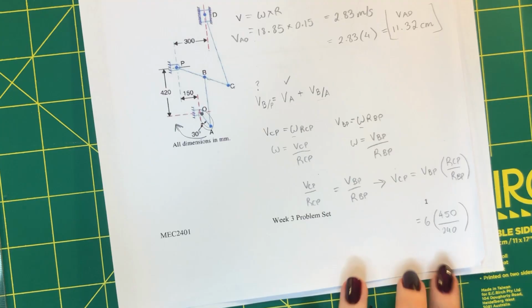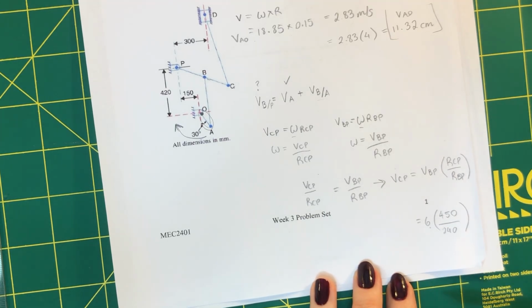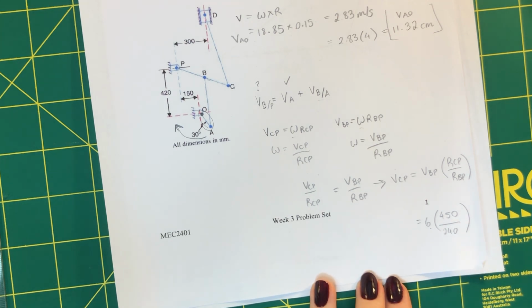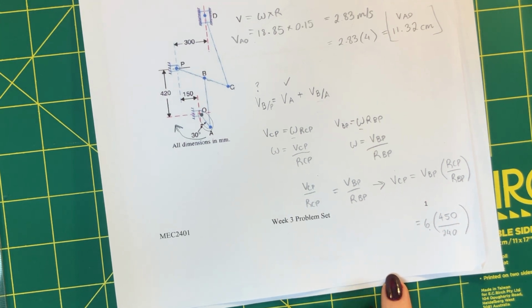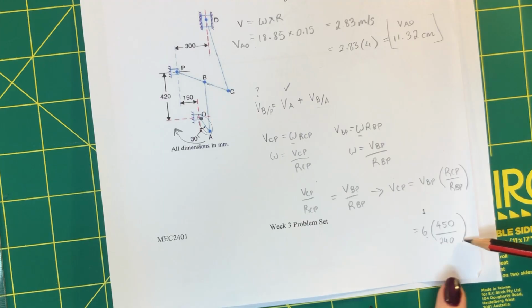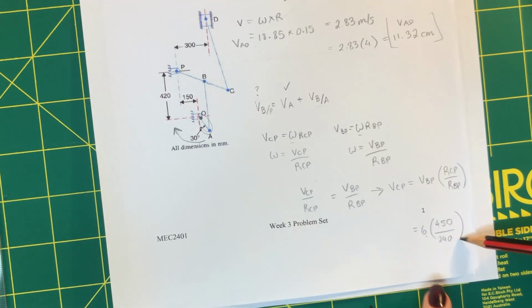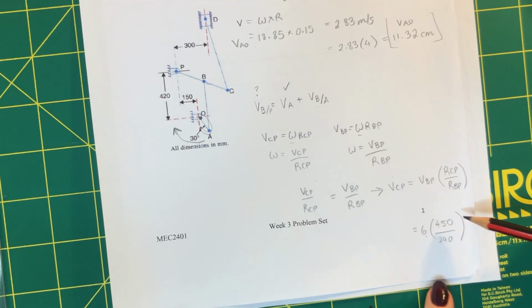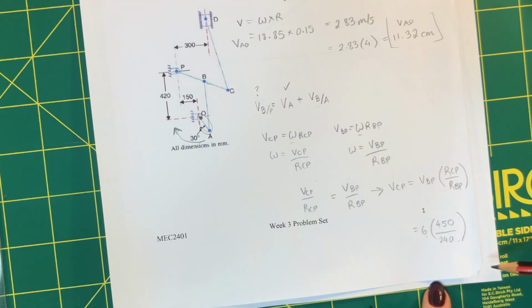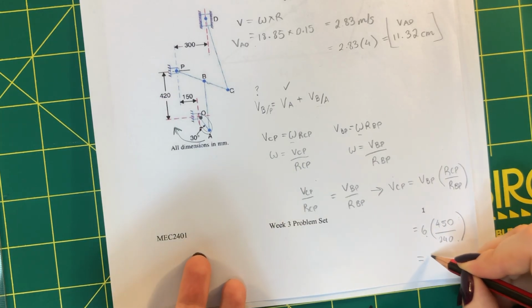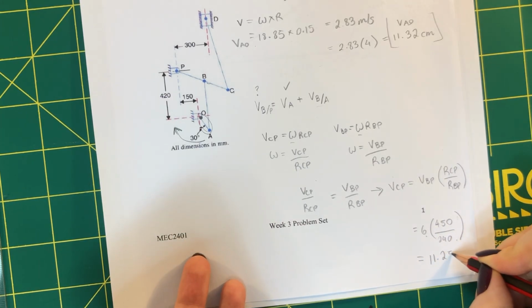Couple of points. 6 is centimeters because I want a value in centimeters for velocity of CP, so I can add it straight into my diagram. And I haven't bothered to convert the lengths of the links because it's a ratio, so these units cancel each other out. So if I do my calculation, I'm going to get 6 times 450 divided by 240, which is 11.25.